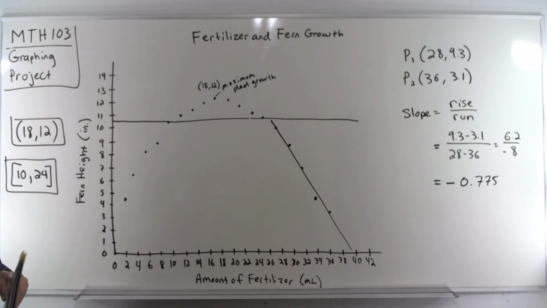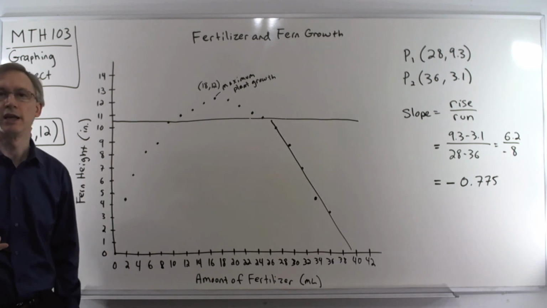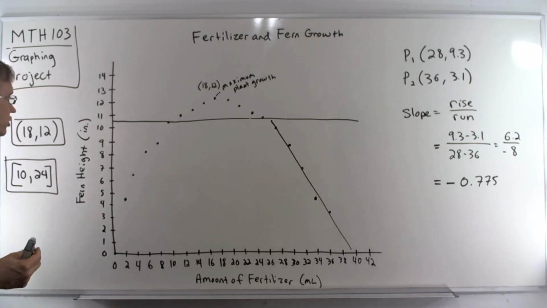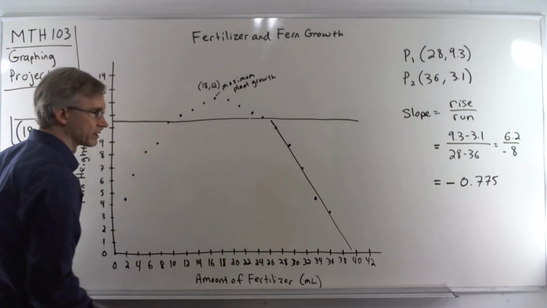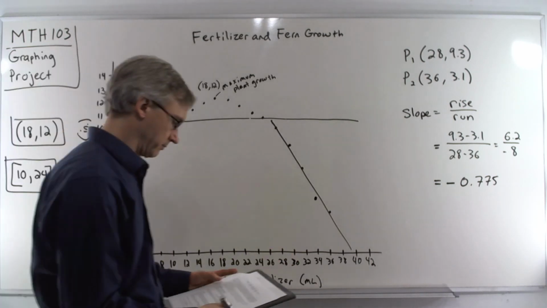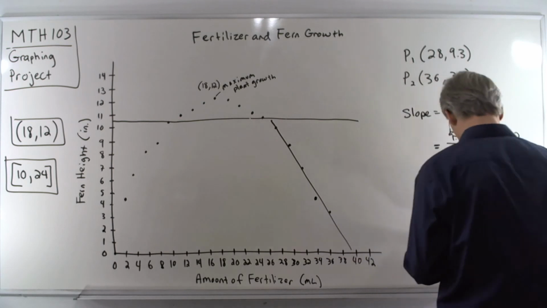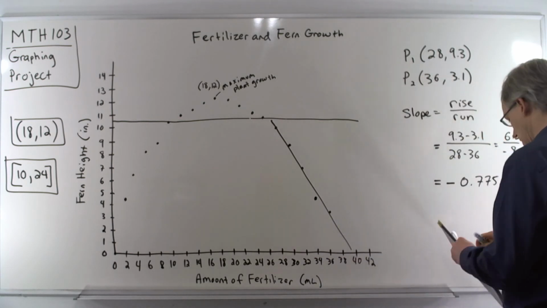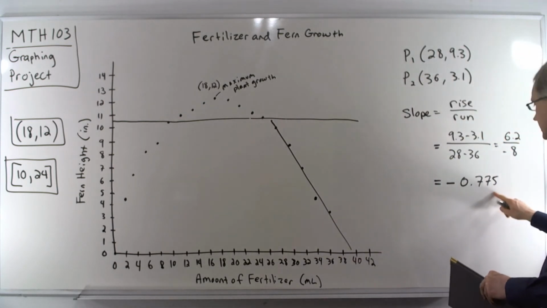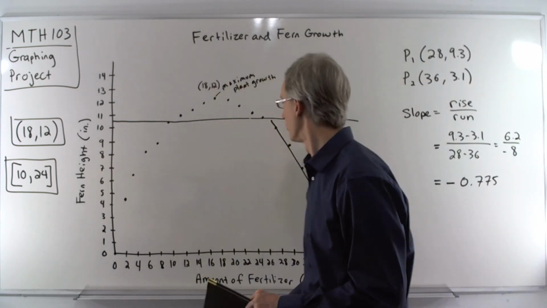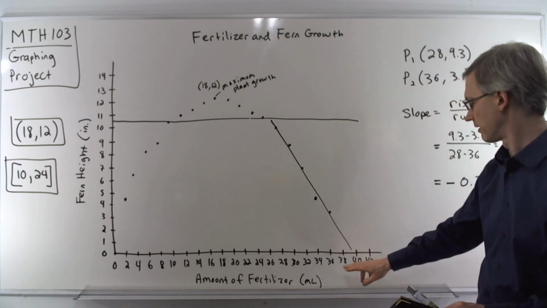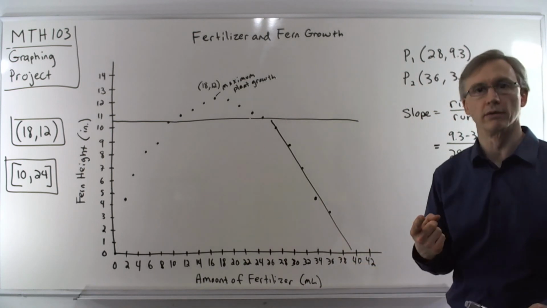All right, so slope is a rate of change, and it's talking about the rate of change of the fern height when we change the amount of fertilizer. So this number tells us how much the fern height will change when we increase the amount of fertilizer by 1 milliliter.